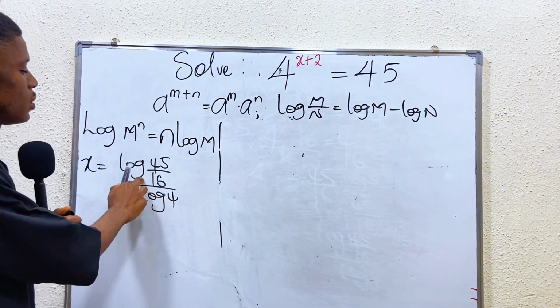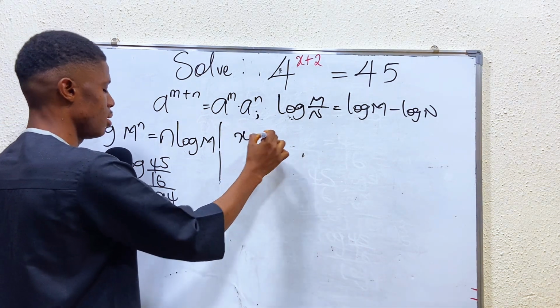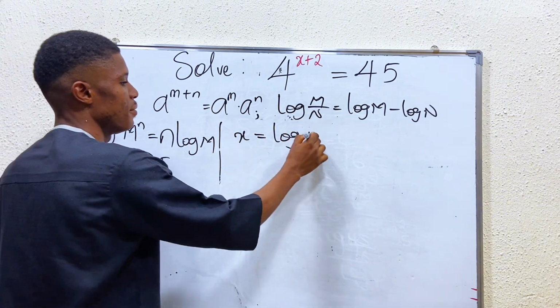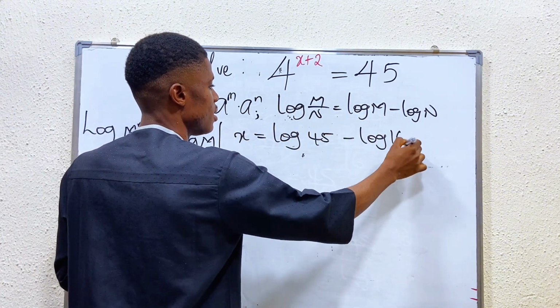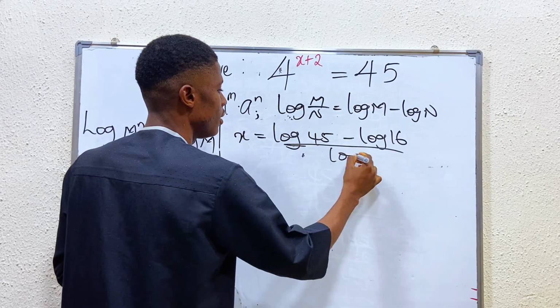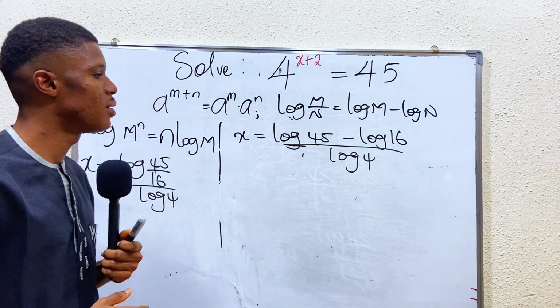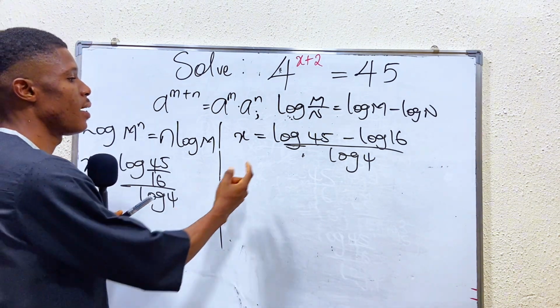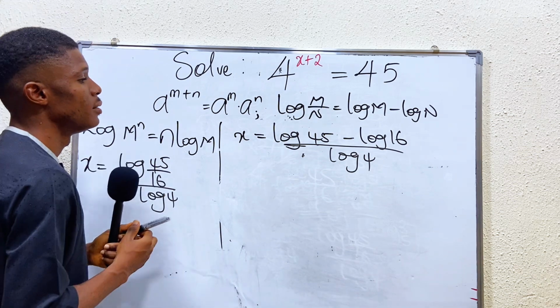So we are going to apply it in the numerator here. And that will give us that x is equals to log 45 minus log 16 divided by log 4. Here, if you look at this very well, we can write 45 in terms of 9 and 5.